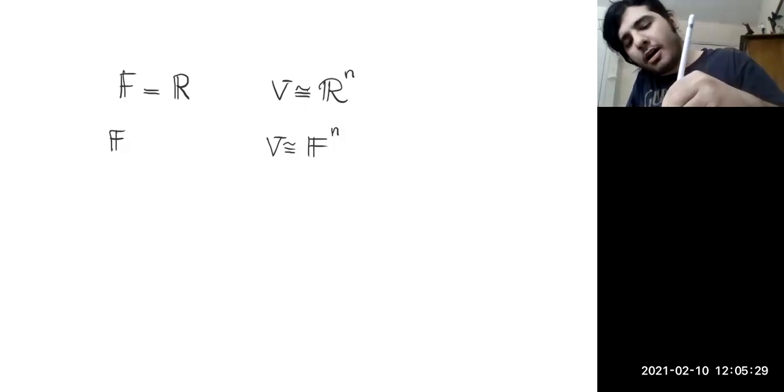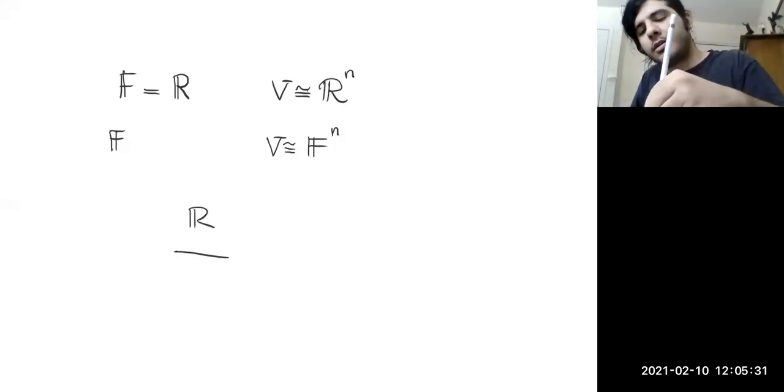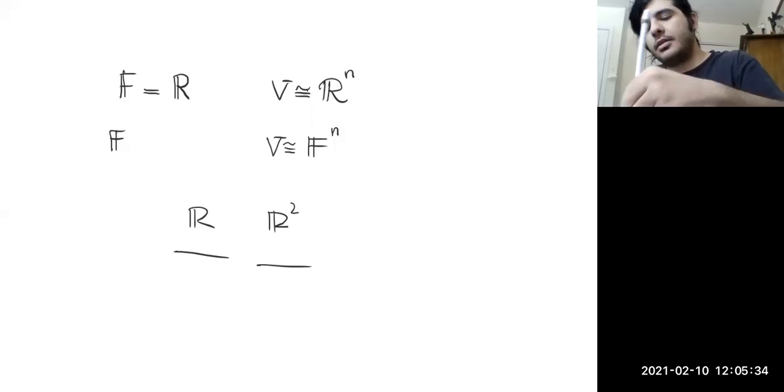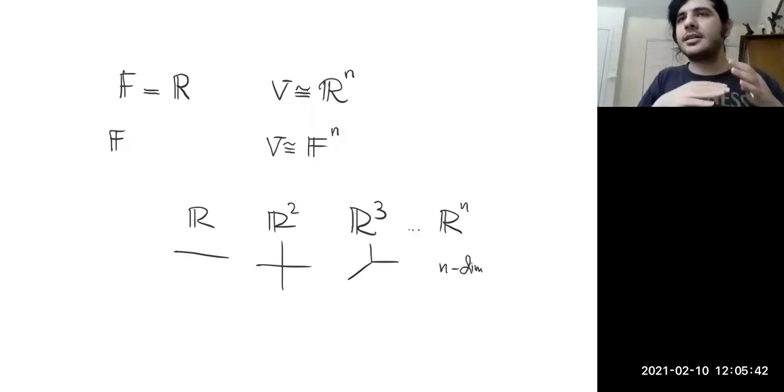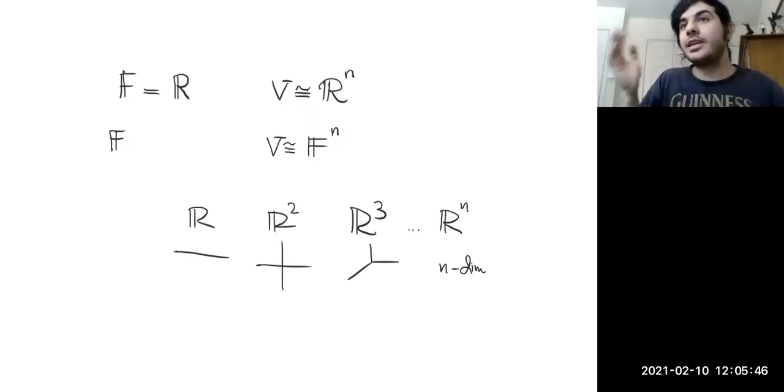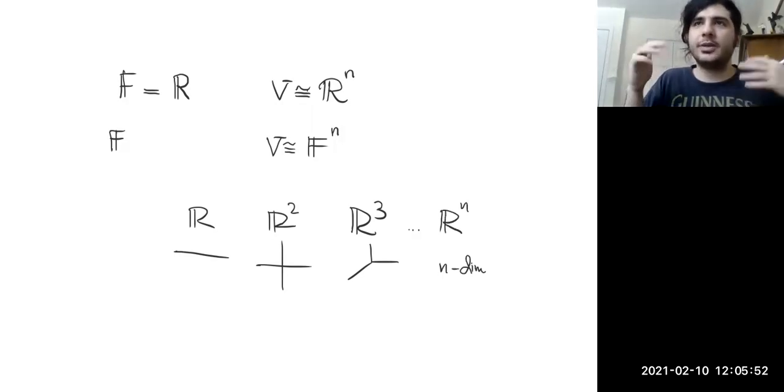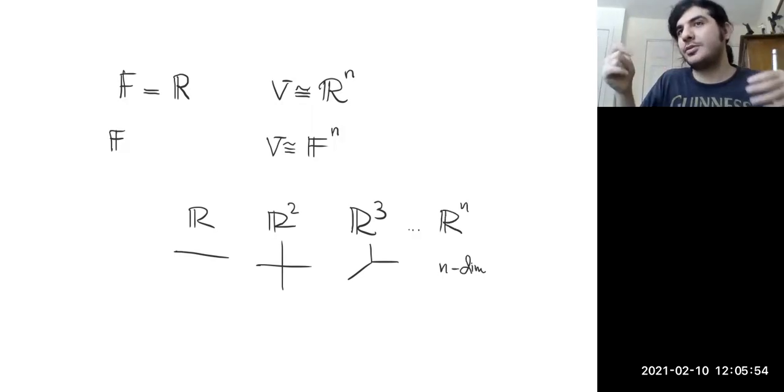So we know R is one-dimensional, R2 is two-dimensional, R3 is three-dimensional, and etc. Rn is n-dimensional. But it's not correct that all vector spaces are finite dimensional. We have infinite dimensional vector spaces. And there is usually no good way to write them as, say, R to some infinite power.